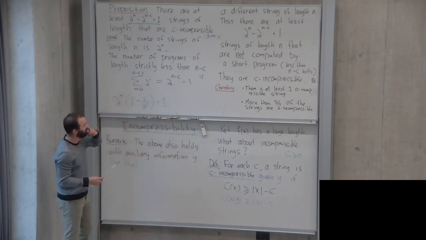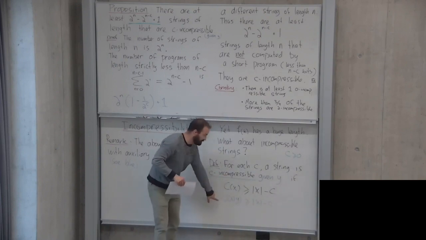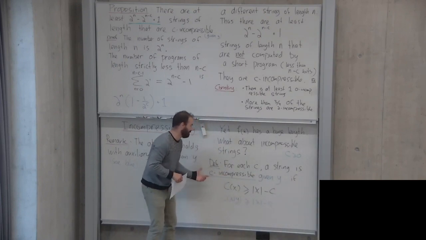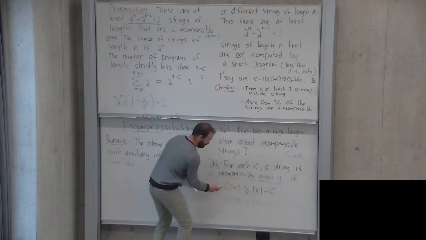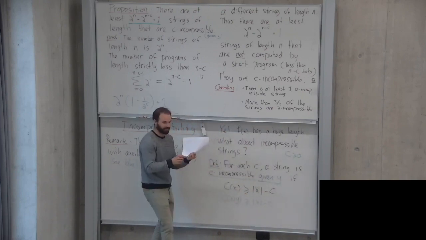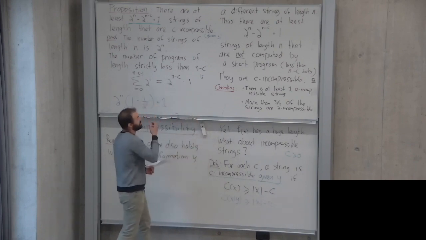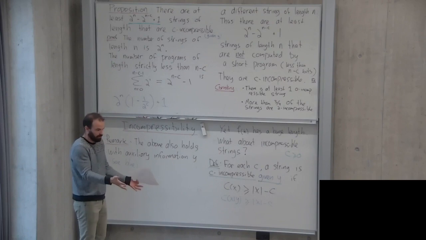That has nothing to do with it. But I basically completed here given Y, well then that's the criterion for being, by definition, C incompressible given Y: if C of X given Y is larger than the length of X minus C. And as I said, there are just not enough short programs, even if they have access to Y, there's still not enough short programs.